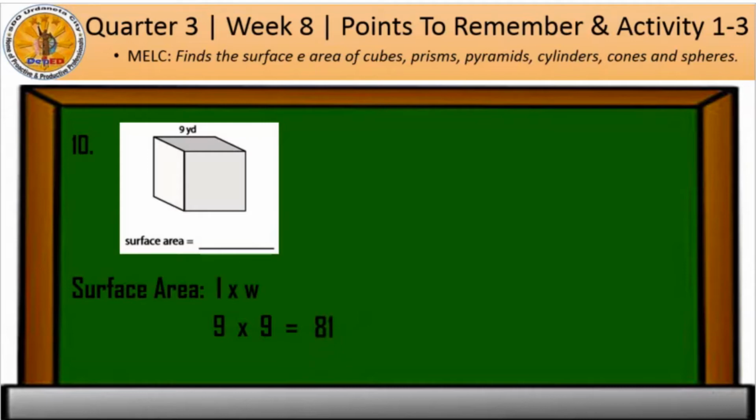Since all 6 faces of a cube is equal, let us just simply multiply 81 by 6. And the answer is 486. And don't forget to write the unit of measure, that is yard. And area is always square. So our surface area of this cube is 486 square yard.